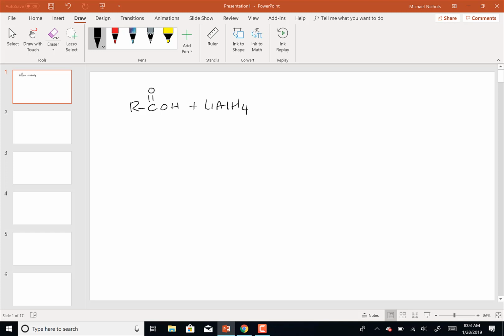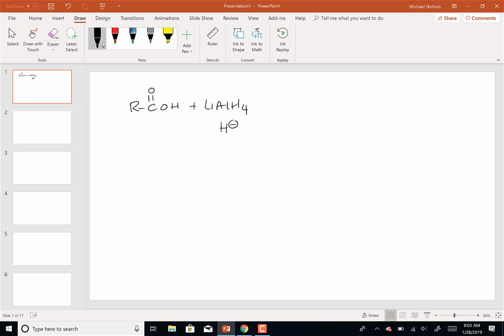So whenever we think of lithium aluminum hydride or sodium borohydride, what are those basically equivalents of? H minus. So whenever you see those, we're thinking this is H minus. So H minus is like R minus.